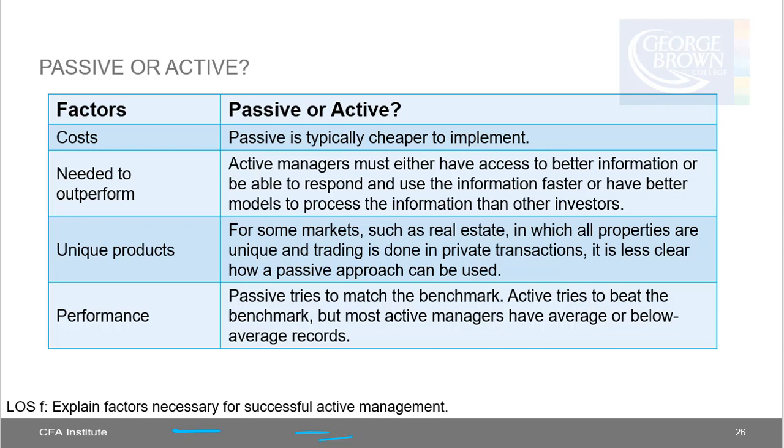Active approaches require a more detailed analysis of each relevant investment or asset class, which is costly because investment firms need skilled employees and/or expensive technology. Concerns about the costs, the average or below average performance of most active managers, and the difficulties of identifying active investment managers who outperform in the future have made passive investment strategies increasingly more popular over time.